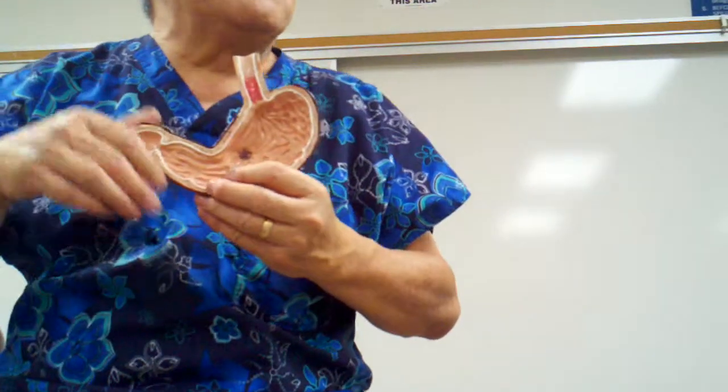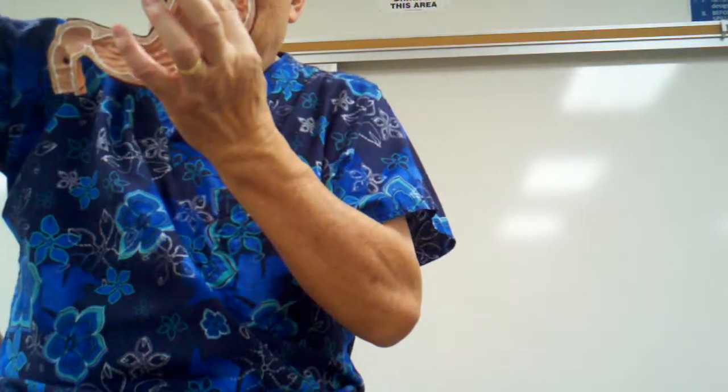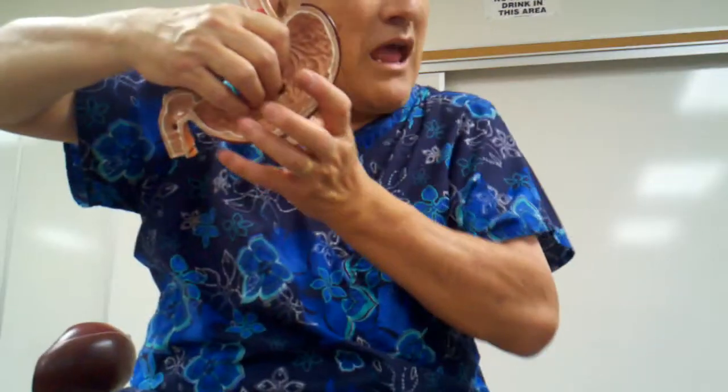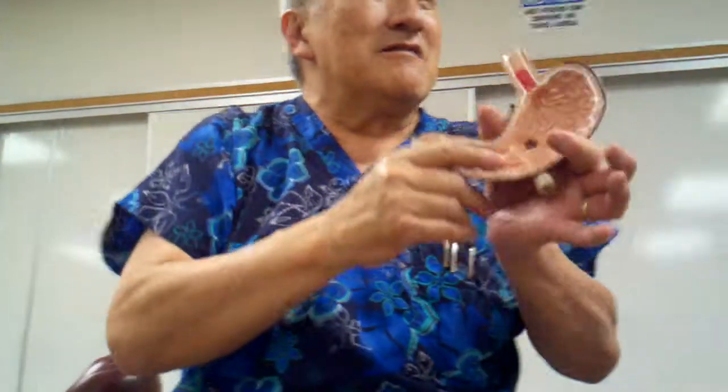That led to the concept that we can reduce people's weight by reducing or stapling this very large bag and making it smaller, or we can put a band around it.